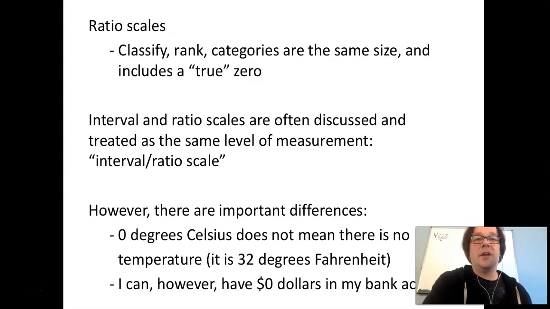So we have to create a conceptual definition of what exactly do we mean by these types of constructs that we're trying to study. And then once we have that conceptual definition, we have to come up with an operational definition of how exactly are we going to measure the things that we list in that conceptual definition.